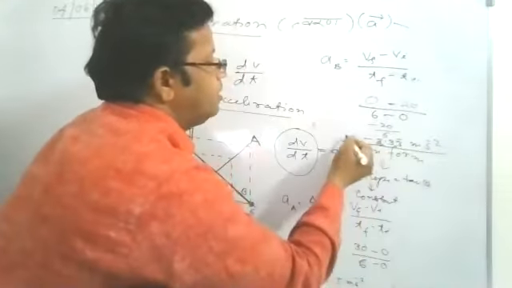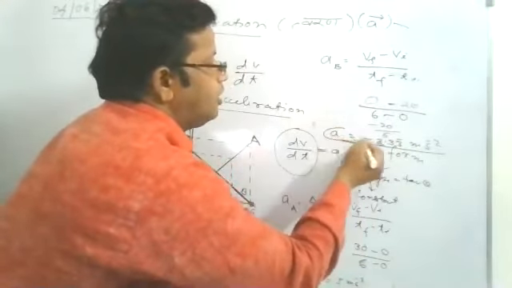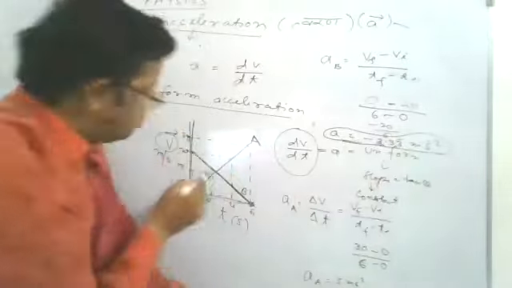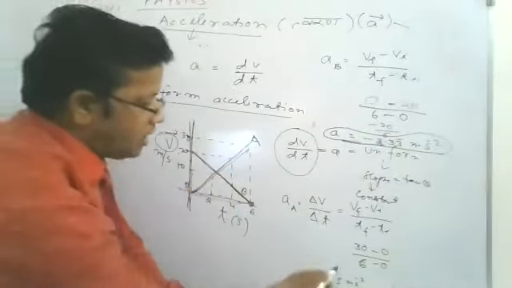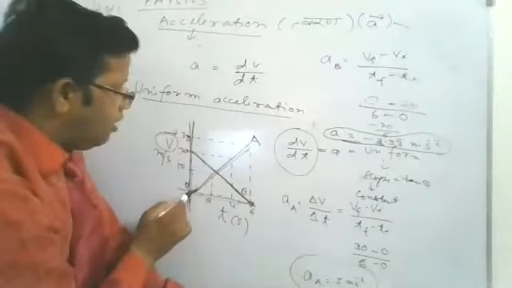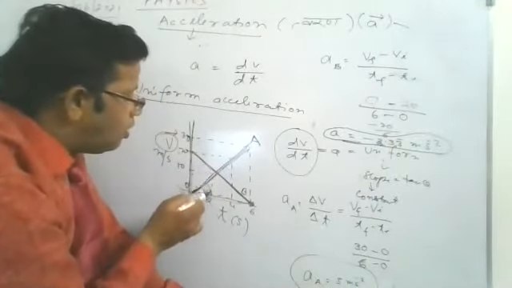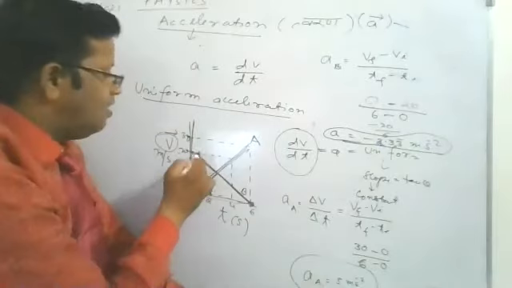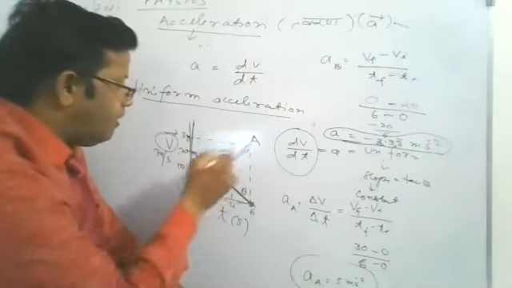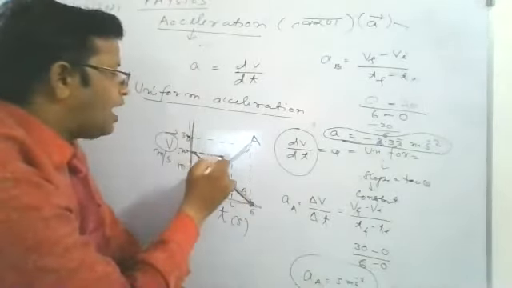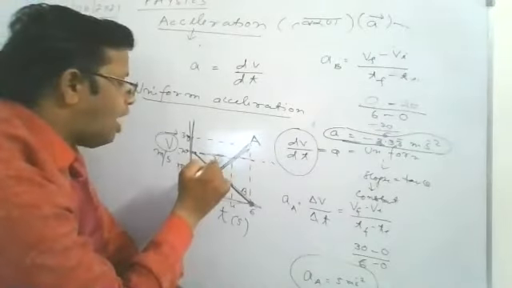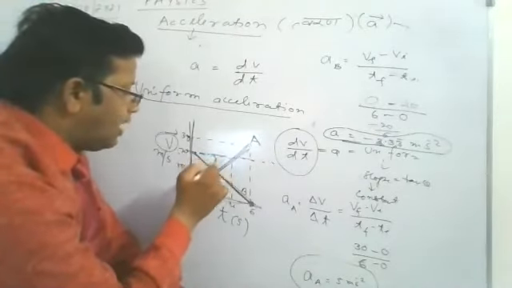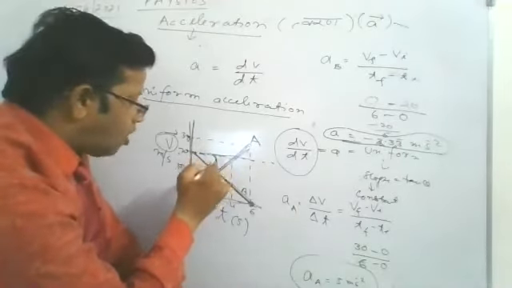So see here, beta, this is the acceleration. What does the negative value tell us? The slope is like this. Negative slope, and this is positive. For body A, this is a positive slope, with an anti-clockwise angle. For body B, drawing parallel to the x-axis, the angle becomes clockwise.